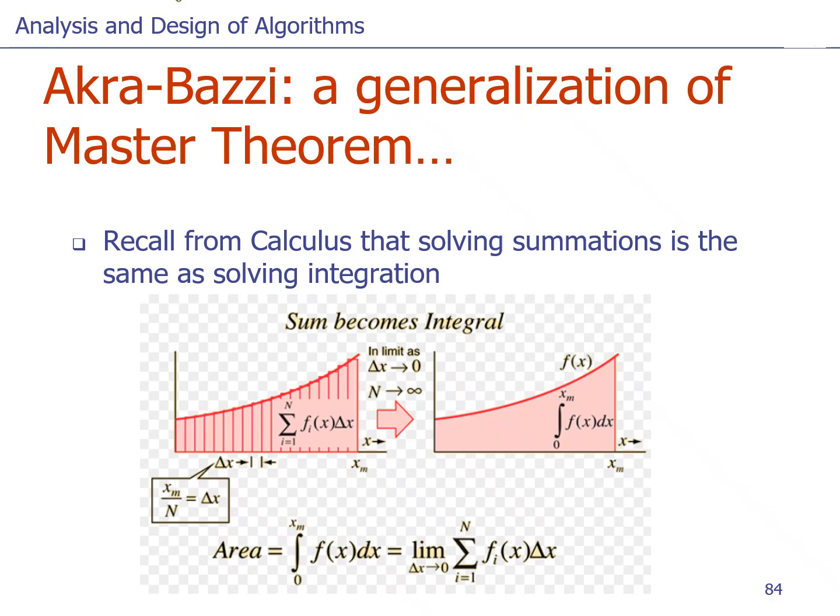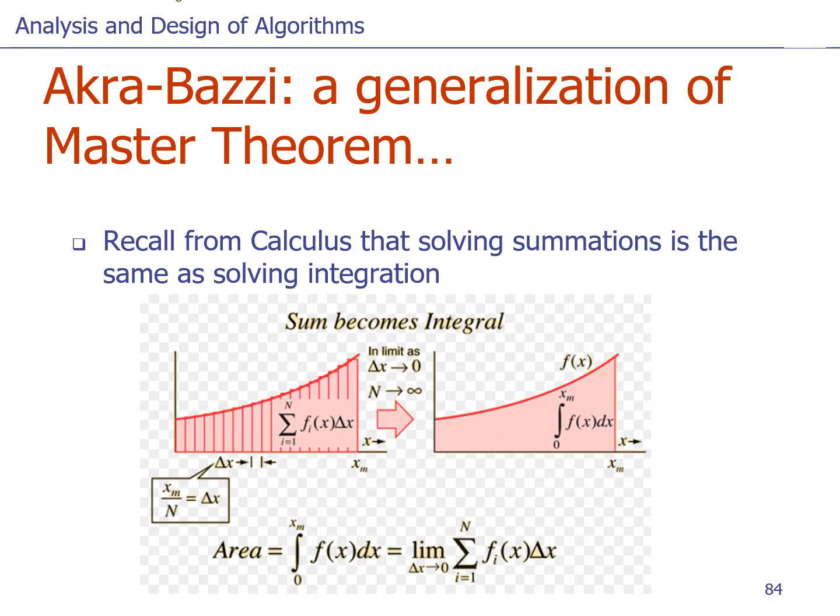Now, the proof for this is beyond this course, and I link the proof in the last slide if you'd like. It's written in formal mathematical notation and is about 80 pages, so I'm not going to require you to learn this because it's beyond the scope of this course. But in very simple terms, what they did is convert the problem of summing recurrences to an integration problem.